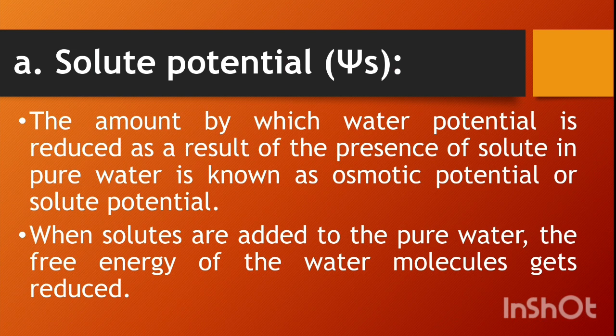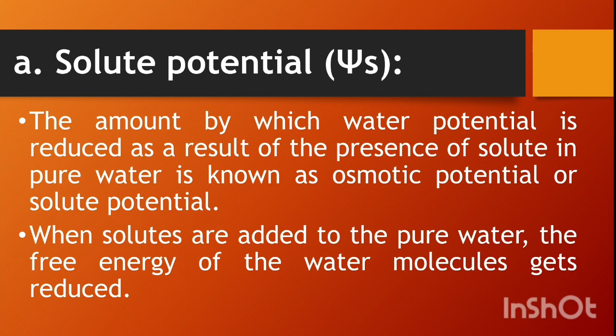Then what is solute potential? It is the amount by which water potential is reduced as a result of the presence of solute in pure water. In pure water, the water potential is maximum, that is 0. When you add any solute to it, the water potential is ultimately reduced. So it is the solute potential or osmotic potential.